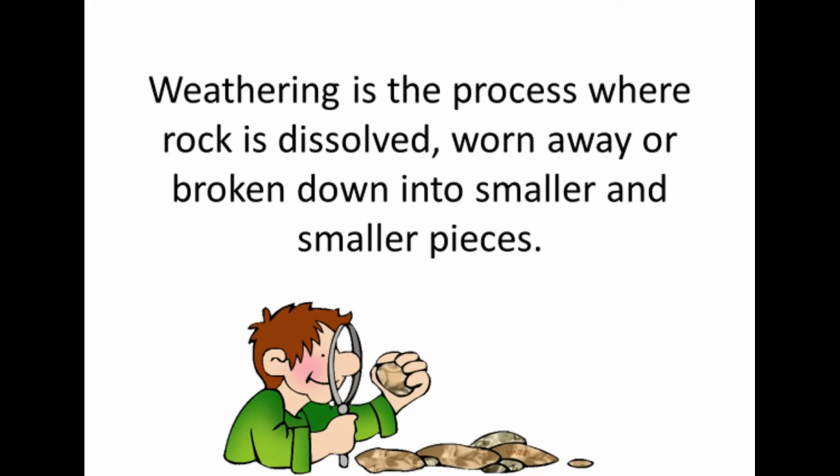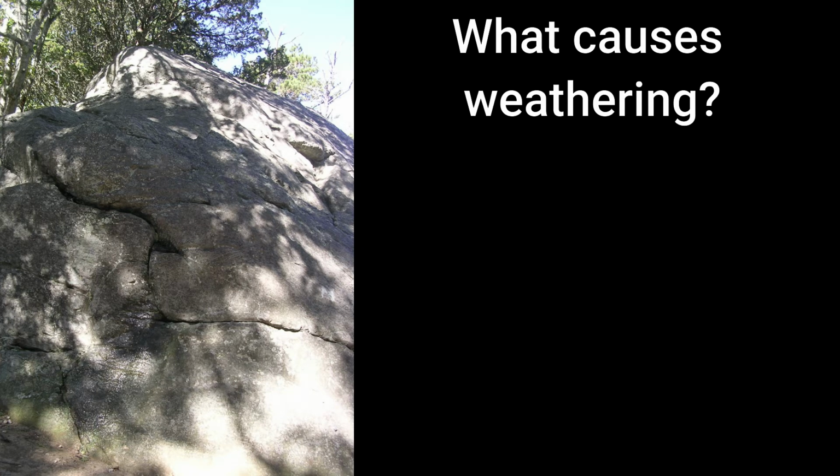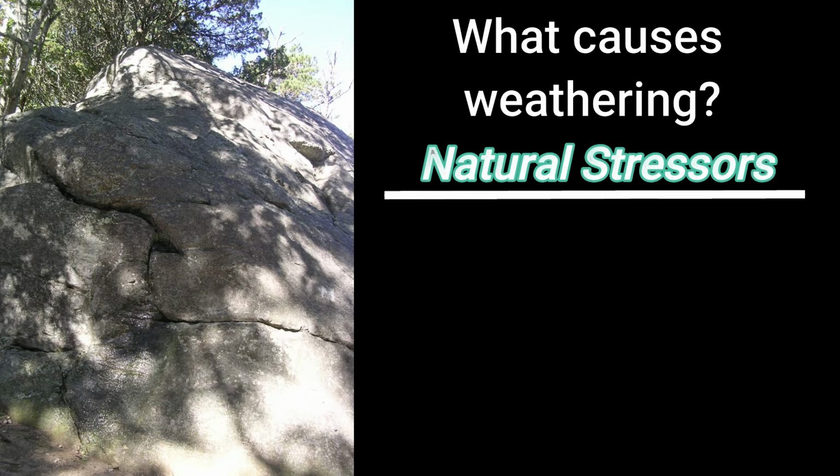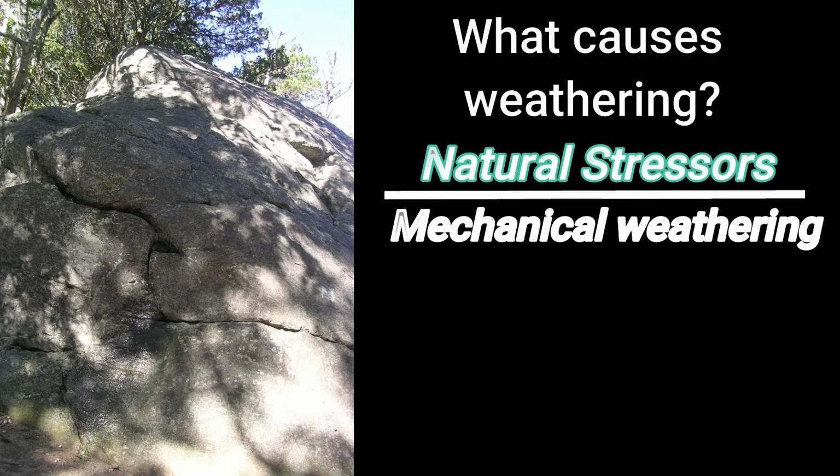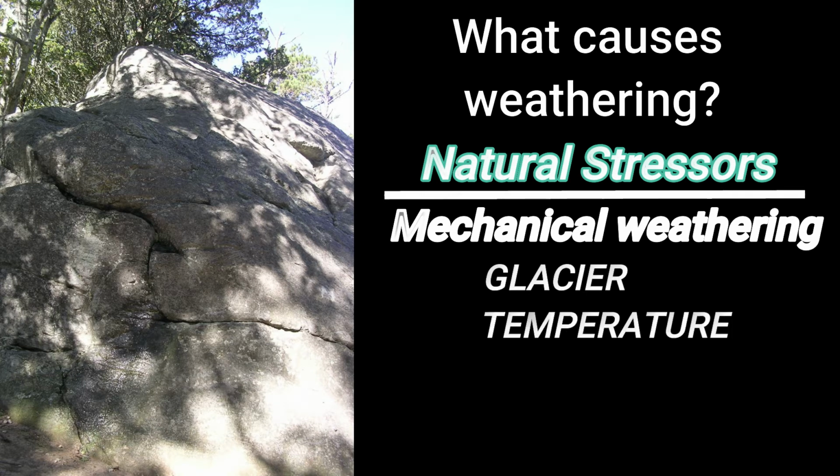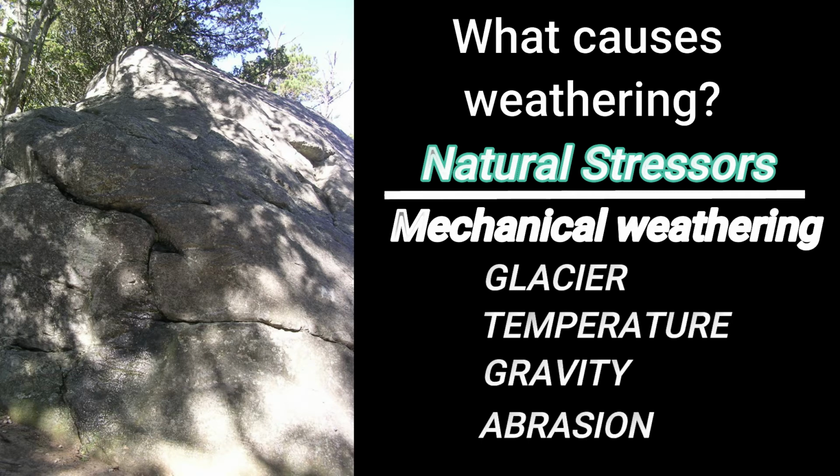Let's review. Weathering is the process where rock is dissolved, worn away, or broken down into smaller and smaller pieces. What causes weathering? There can be natural stressors, like mechanical or physical weathering, caused by a glacier, changes in temperature, gravity, or abrasion.